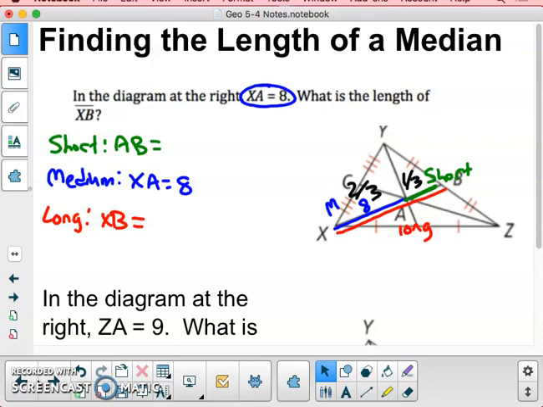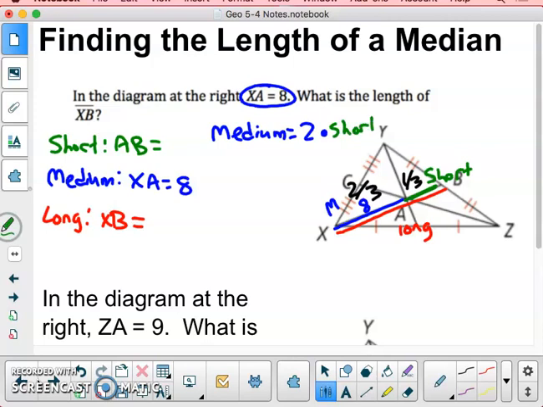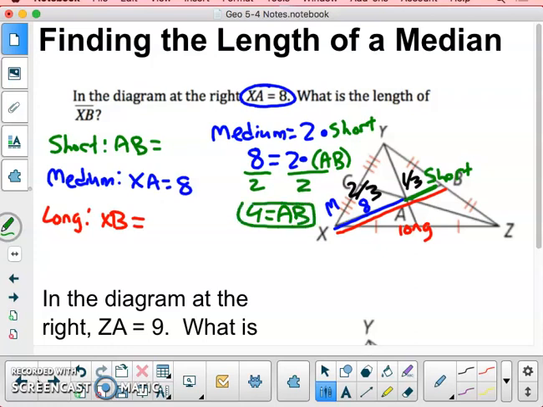Well, if the blue one is 2/3 of the entire thing, I know that the medium piece is twice as big as the short piece. All right, so if I'm looking for the short piece, and I know that the medium piece is 8, and I'm looking for AB right now, AB has to be half as big as the medium piece, since they gave us the medium piece.